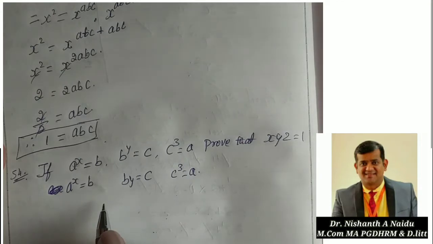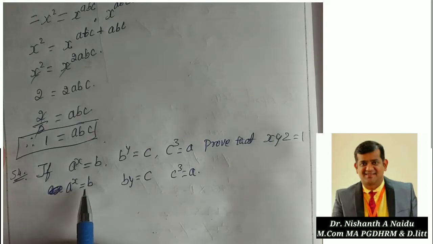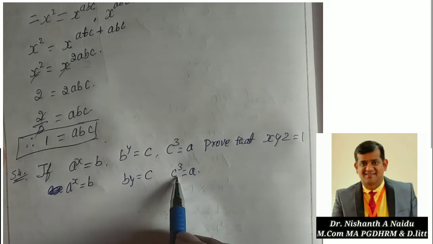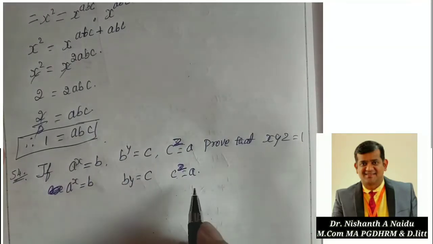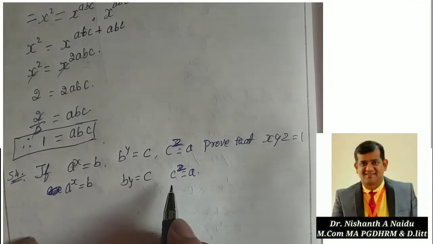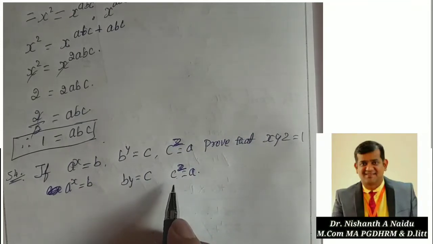Clear? So now, a to the power of x equals b, and c to the power of z equals a.